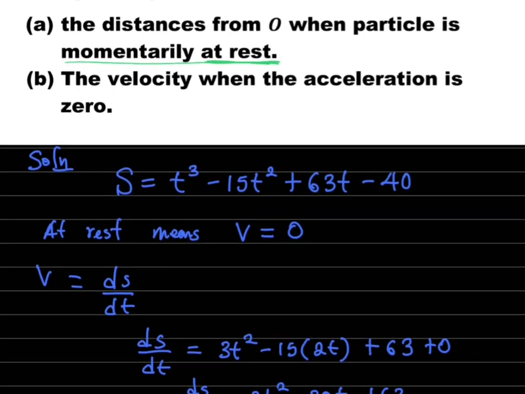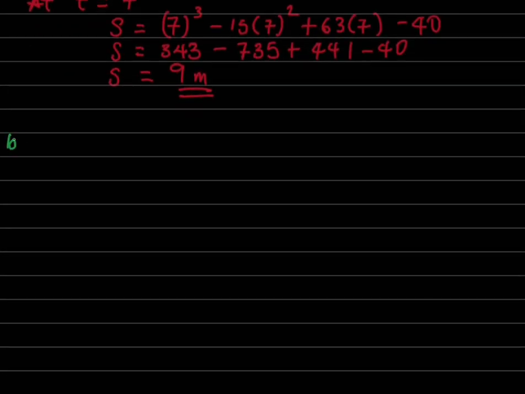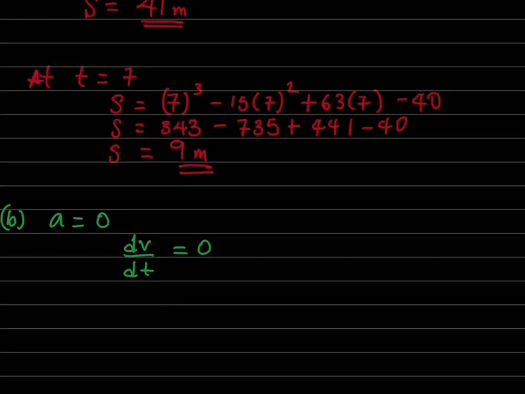The next question says, the velocity when the acceleration is 0. Okay, this is what you are going to do. When the acceleration is 0, that is the B part of the question, it means dv by dt is equal to 0. That is the meaning. All right. Because when you differentiate velocity with respect to time, you get acceleration.